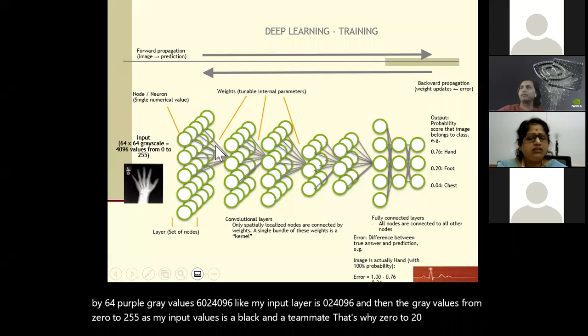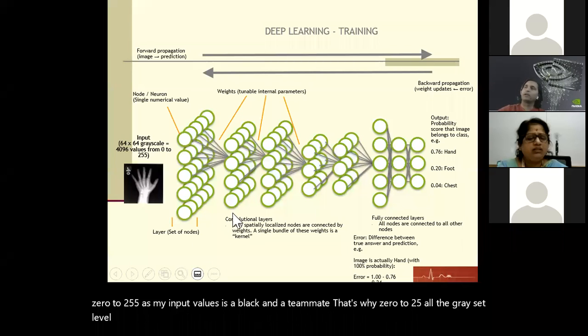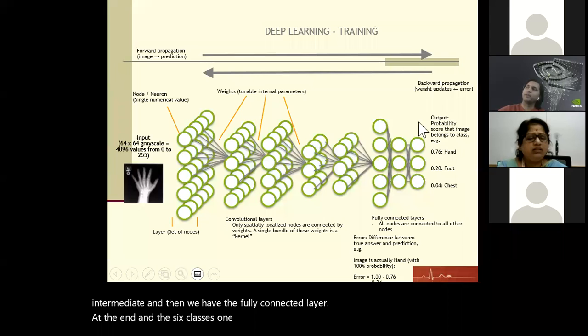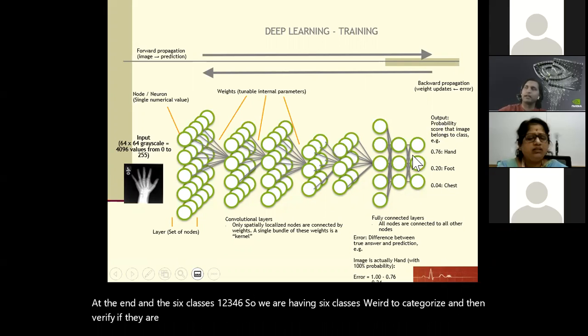All the gray levels go into the input layer, then through my convolution layers, where the weights are calculated in the intermediate layers. Then we have the fully connected layer at the end with six classes, so we are having six classes to categorize, and then we verify whether they are classified accurately or not. This is what my typical convolutional architecture looks like.